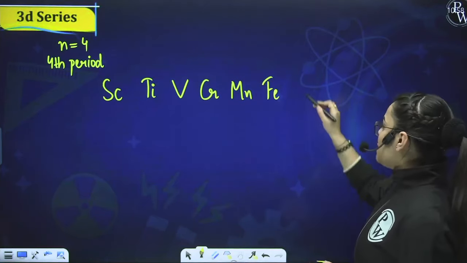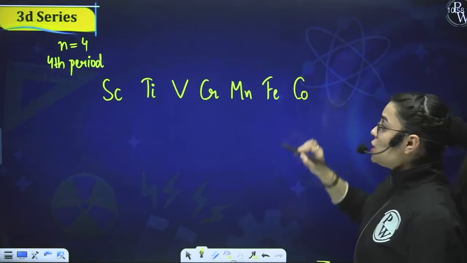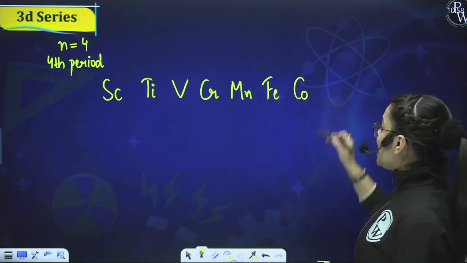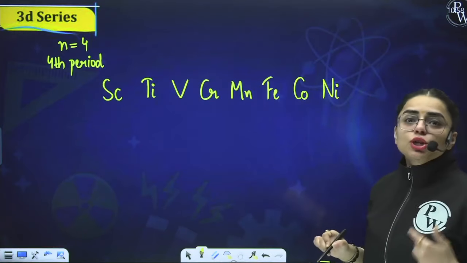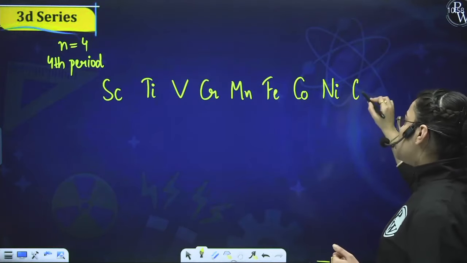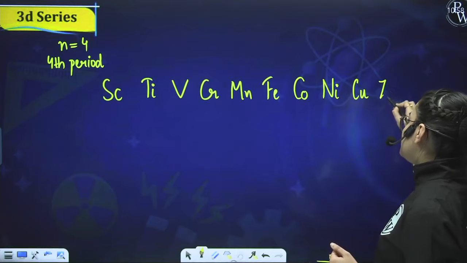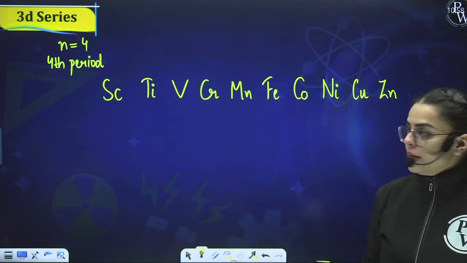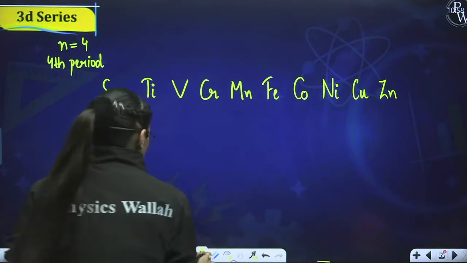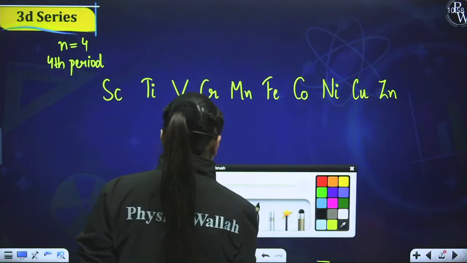Then comes cobalt, capital C, small o. Then nickel, capital N, small i. Then copper, capital C, small u. And then zinc, capital Z, small n. Even if you want to write the names of the elements, you can mention them here.